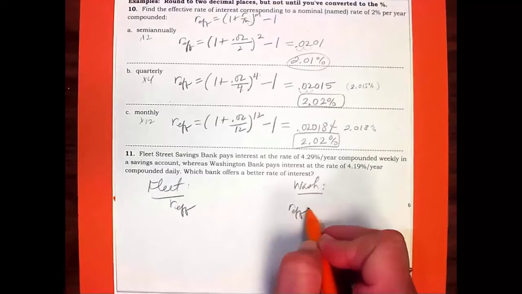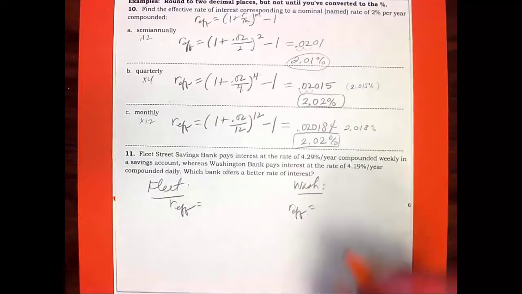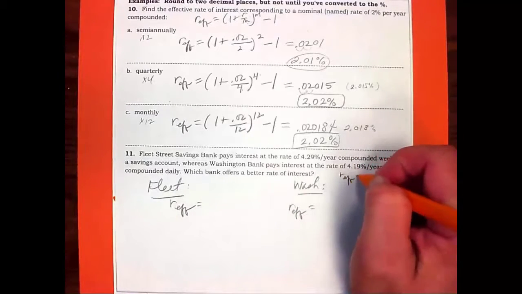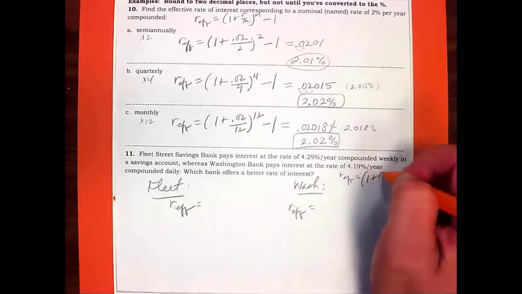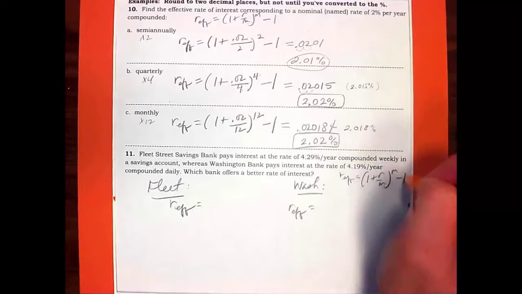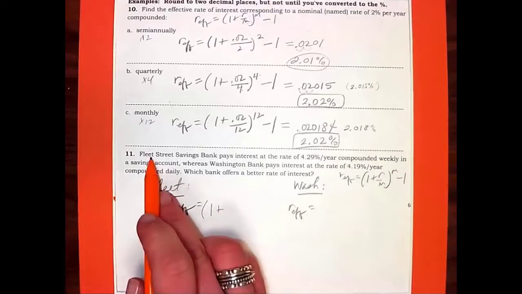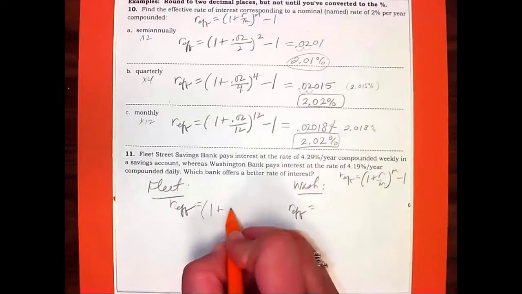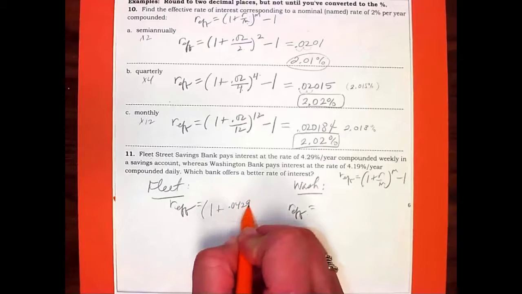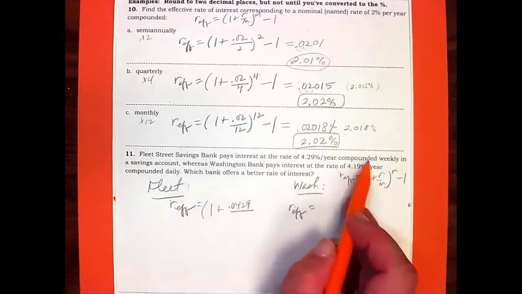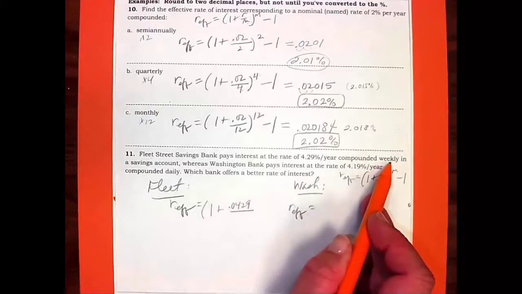So your formula, all right, so for the first one, we've got 1 plus, let's see, Fleet does 4.29% per year, so that's 0.0429. And then it's compounded weekly. So how many weeks are in a year? Well, there's 52 weeks in a year.